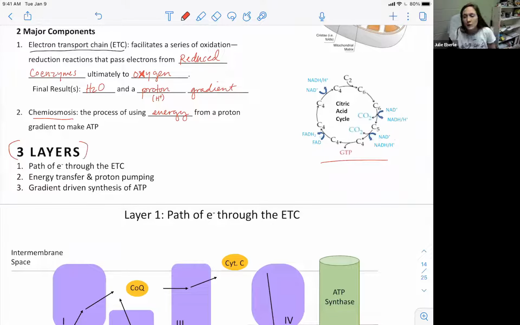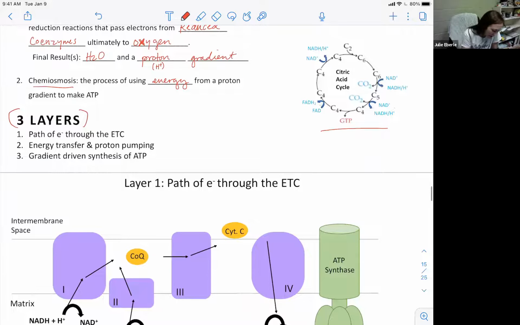We're going to go through the electron transport chain in 3 layers. And every layer is going to add something, so it's going to get more and more complex because there is a whole lot going on in this stuff. The first layer is that we are going to follow the path of electrons through the electron transport chain. We're just going to see how they move through the proteins and through the membrane.